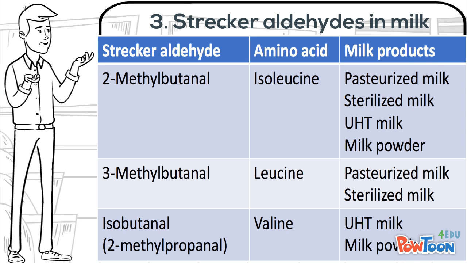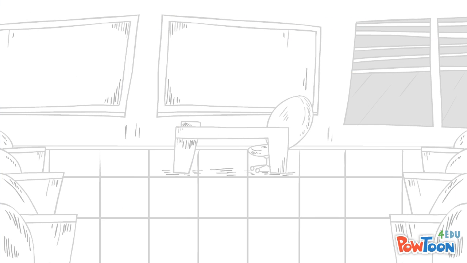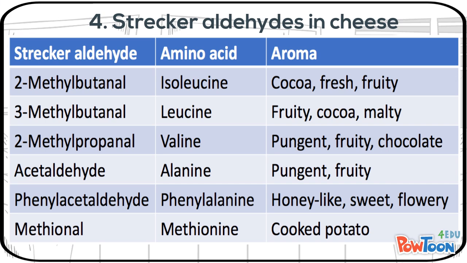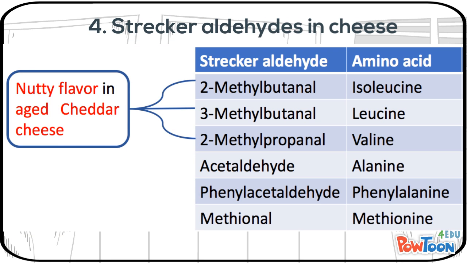Aside from processed milk, cheese is another dairy product that contains Strecker aldehydes. 2-methylbutanal, 3-methylbutanal, 2-methylpropanal, acetaldehyde, phenylacetaldehyde, and methional are common Strecker aldehydes that can be found in cheese varieties. Among them, the first three aldehydes can contribute to the nutty flavor in aged cheddar cheese.